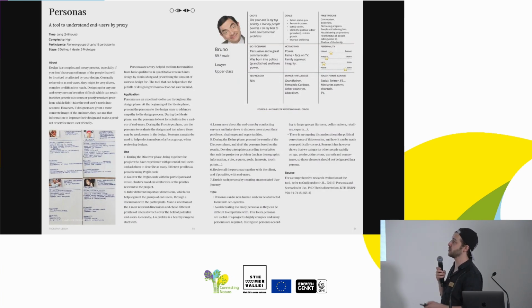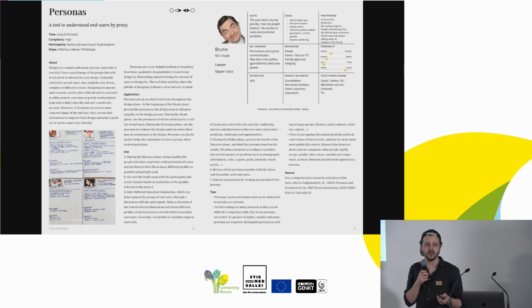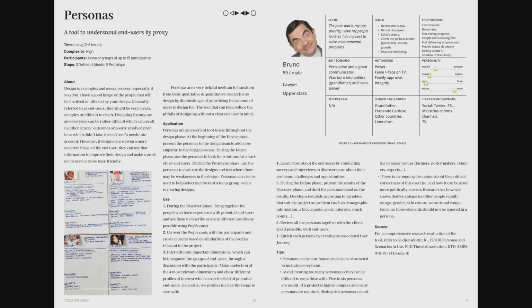Then we have personas. We talked about the end users, and end users tend to be very difficult sometimes to imagine. So if you're designing for the government, or let's say for the city of Genk, you're designing a solution. Well, there are different profiles of people for whom you're going to have to design, who have different needs.